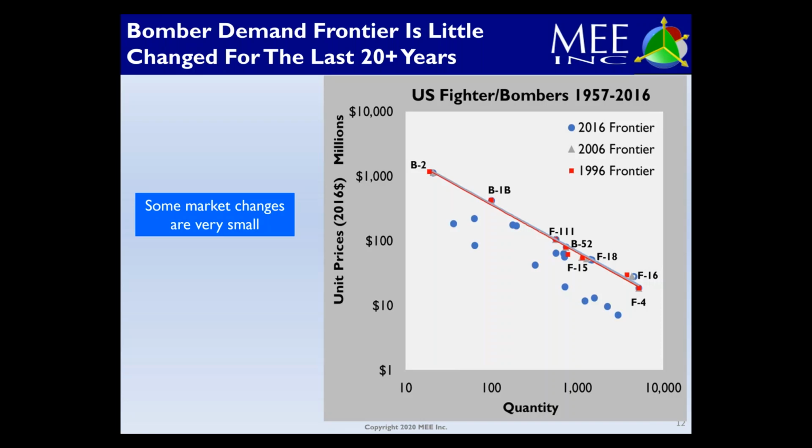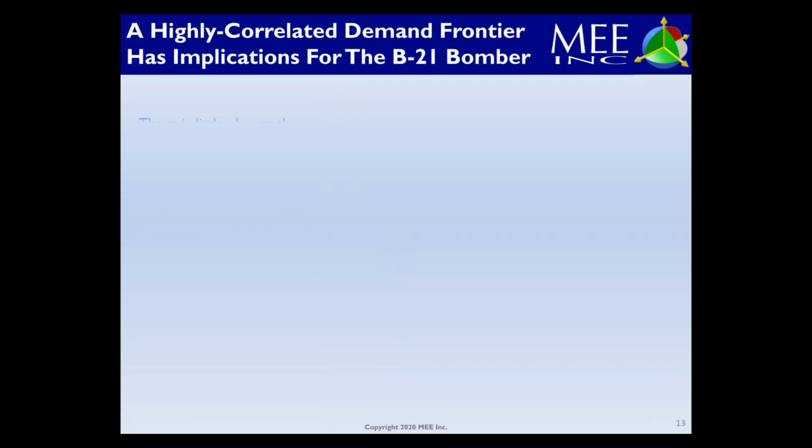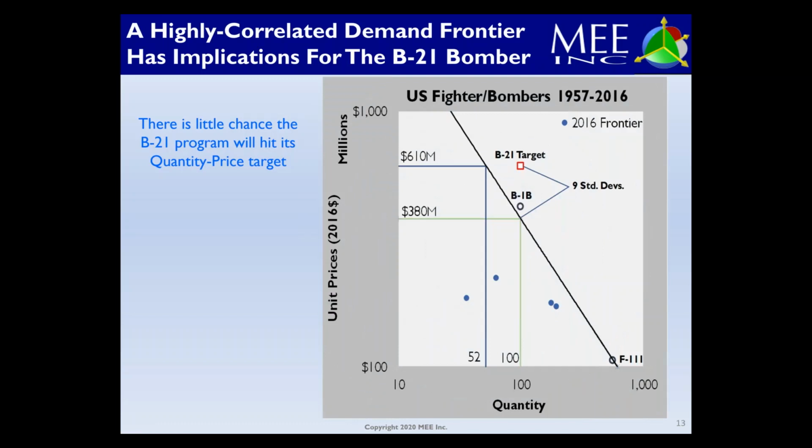And what that means is that we can pretty much rely on this limit to determine how much we're going to be able to sell in any one market based on the relationship between quantity and price. That's what this frontier is. It's the relationship between quantity and price. So that frontier has deep implications for the B-21 bomber.